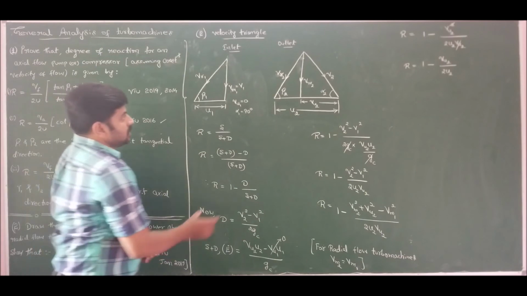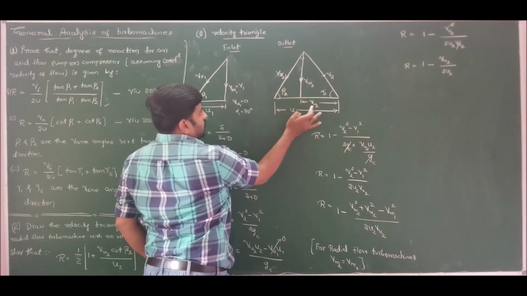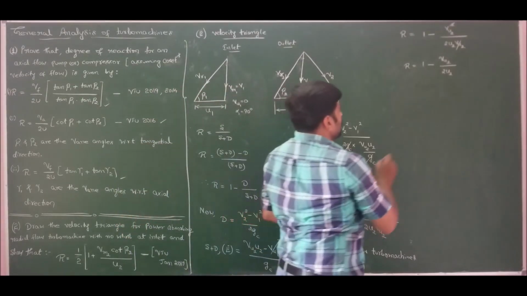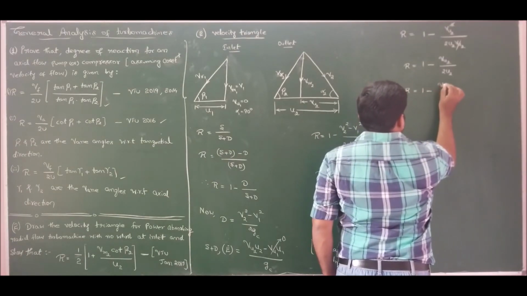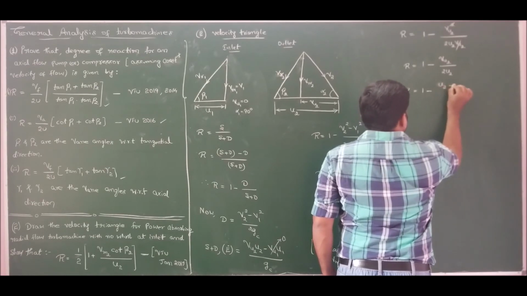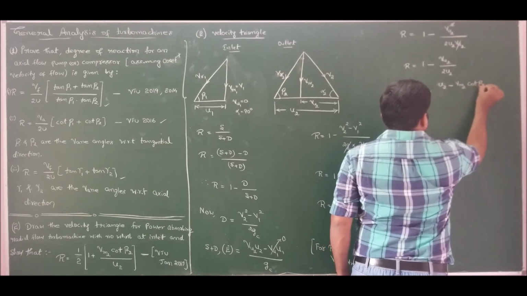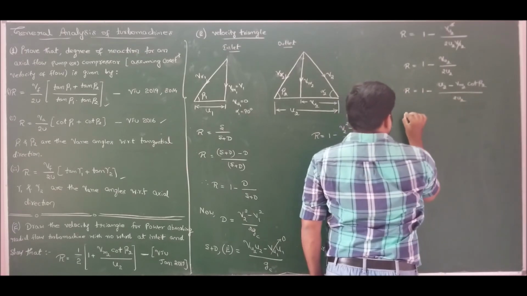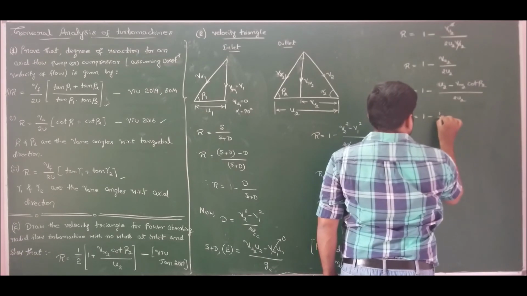So Vu2 can be written as U2 minus Vm2 cot beta 2. So I can write this as 1 minus (U2 minus Vm2 cot beta 2) divided by 2U2.